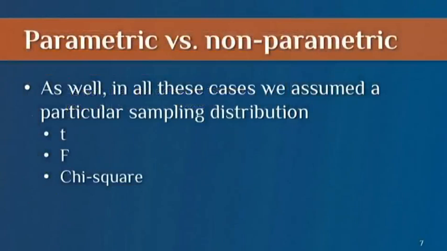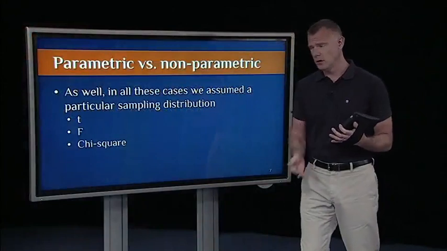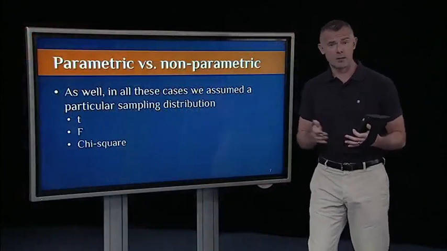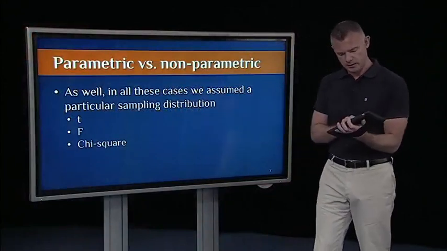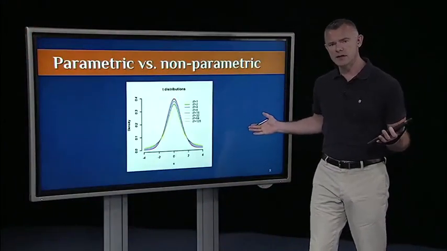And remember, each of those has a family of distributions, and the correct sampling distribution to assume depends typically on sample size, or in chi-square, the number of categories that you're looking at. So for example, remember here is the family of t distributions.